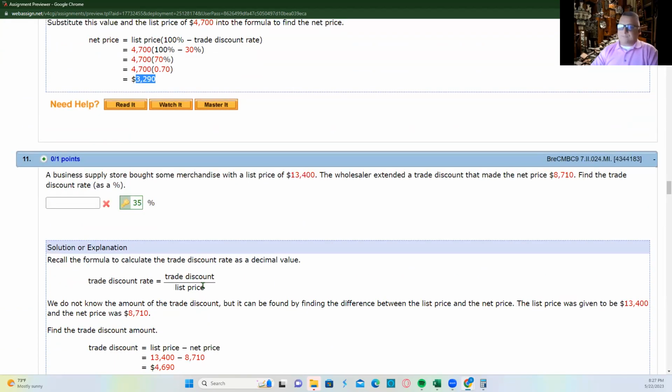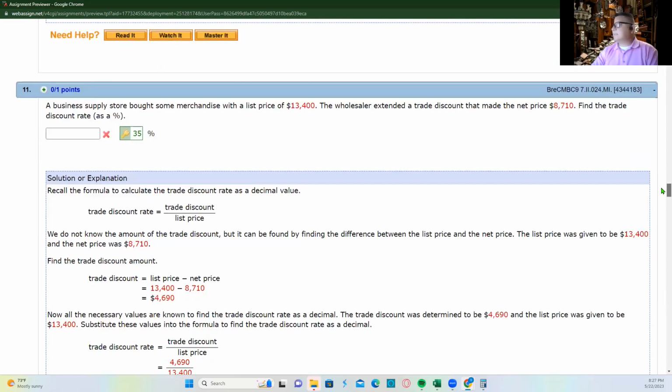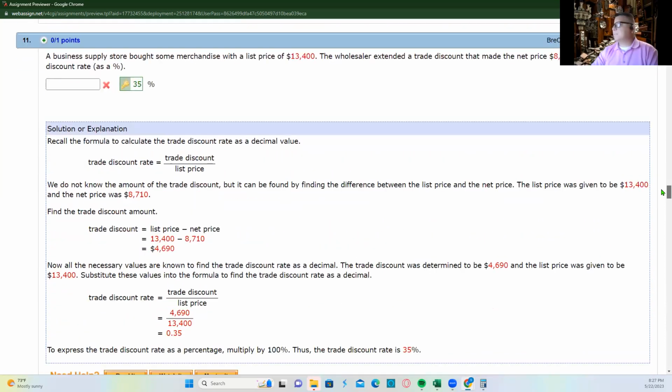Now, these formulas are going to make it easy. Like I said, that's why I'm showing these to you here. Trade discount rate is equal to trade discount divided by list price, which is what we did earlier, right? So you have $13,400 is your list price, $87.10 is your price.